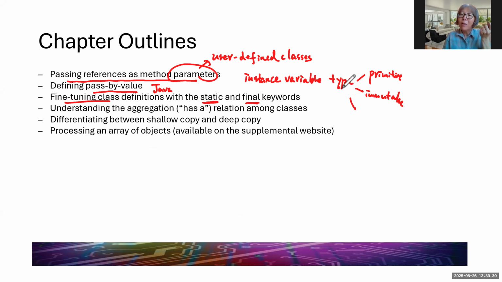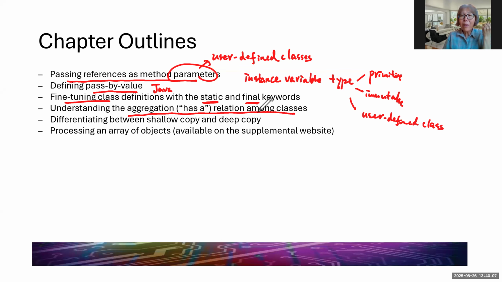It should also allow a user-defined class type. If we have an instance variable that is a user-defined class type, what is the relationship between the class that you define and the instance variable? Today we will learn this relationship, which we call the aggregation relationship among classes.